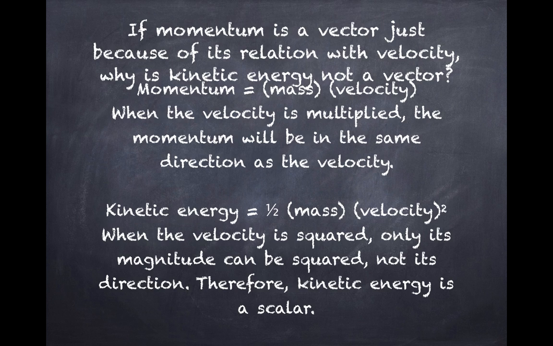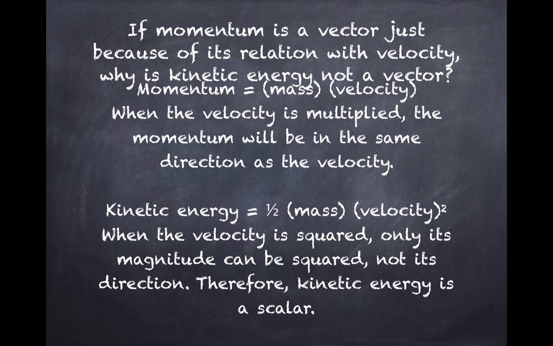Okay, here pops the second part. Kinetic energy is half mv squared. When the velocity is squared, only its magnitude can be squared, not its direction. This is quite important. They give you velocity squared. We invented a new unit, velocity squared. Is this a vector or a scalar? People are prone to writing vector. A lot of people lost their marks in that question.